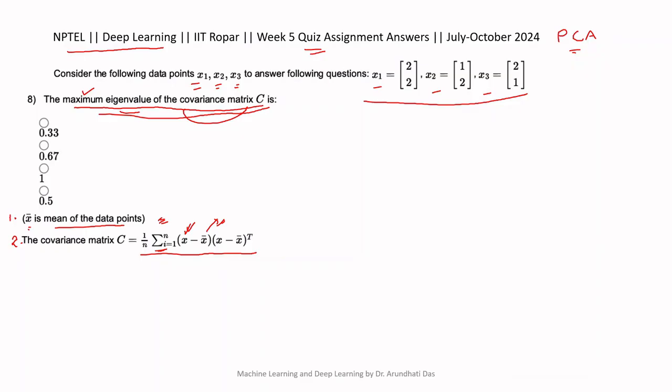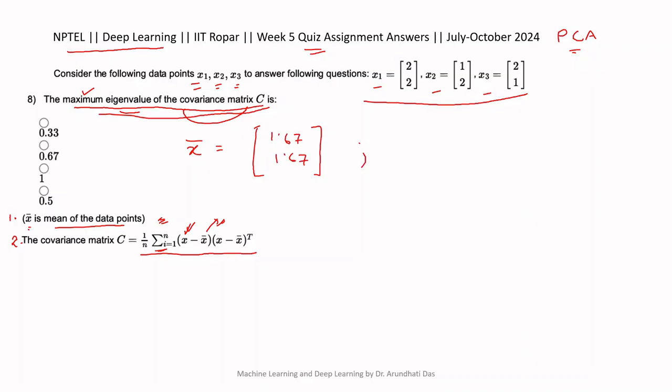In a previous video I already showed how to calculate the mean value, and I am sharing only the output here. The output was 1.67, 1.67.